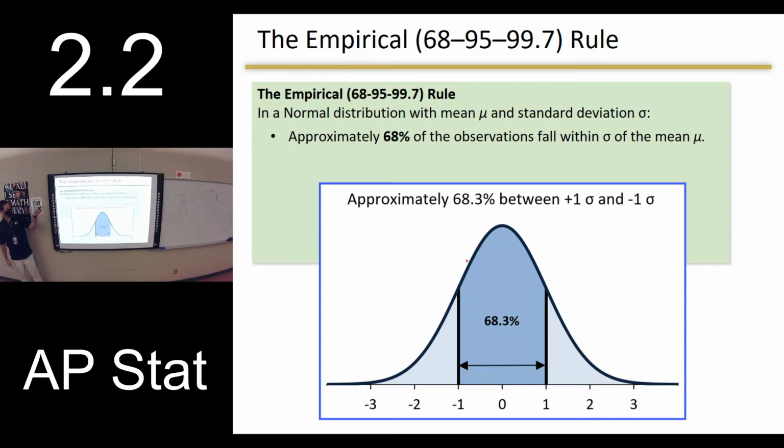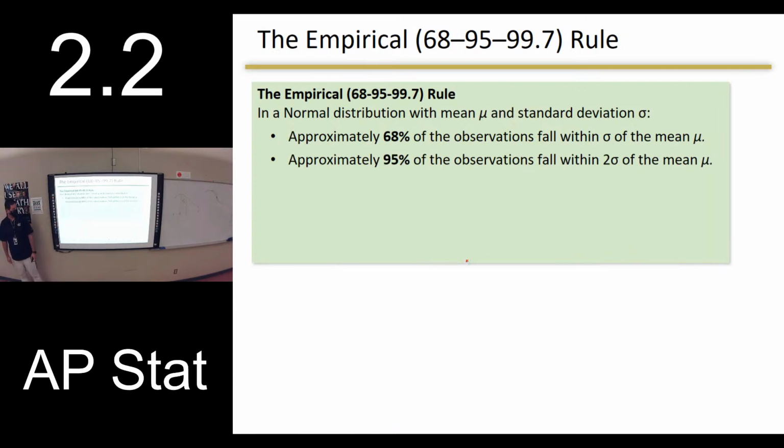The empirical rule is also called the 68, 95, 99.7. So the 95 means that within 2 standard deviations is 95% of the data. So in a normal distribution, if you're within 2 standard deviations, you're in the common 95% of the data.